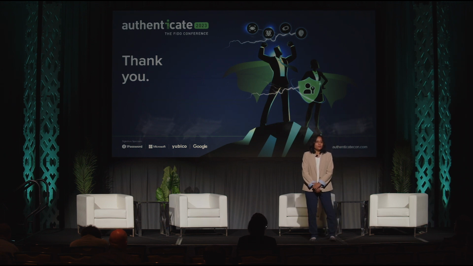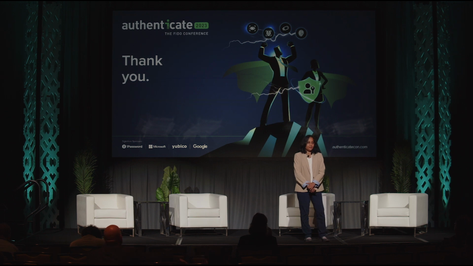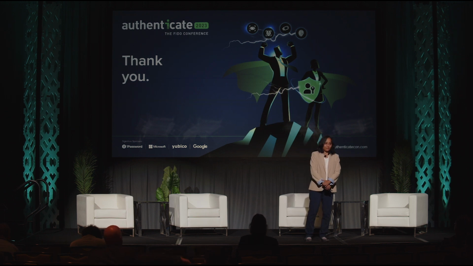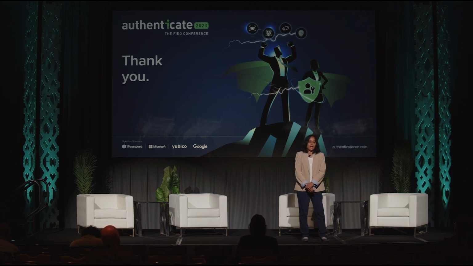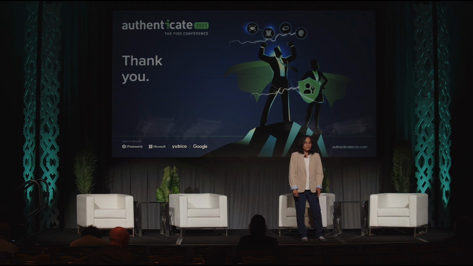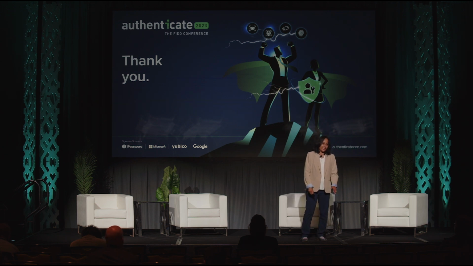Yes, so the possession factor, a mobile device, is just a possession factor. But when you combine a possession factor with a biometric, you're actually proving two things. You're in control of something you have, which is your mobile device, but you're also including an inherence factor of who you are.